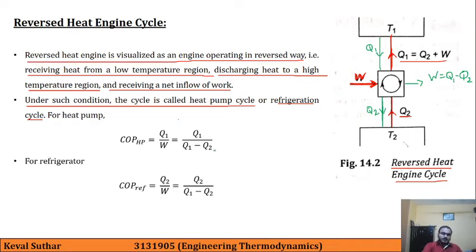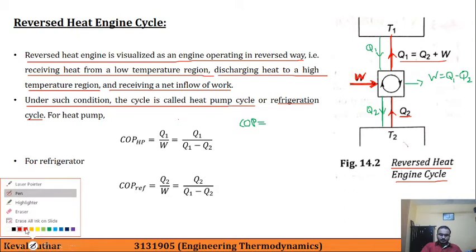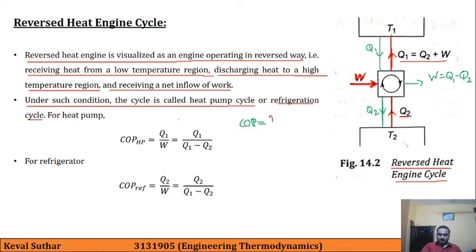And in case of refrigerator, the desired effect is Q2 divided by W. So COP in such cases is defined by this formula: COP is equal to desired effect divided by work input.